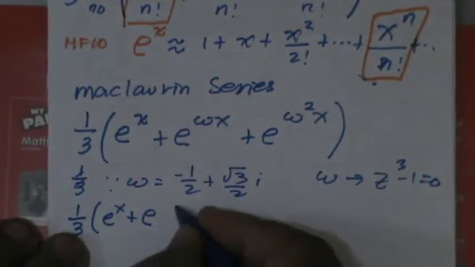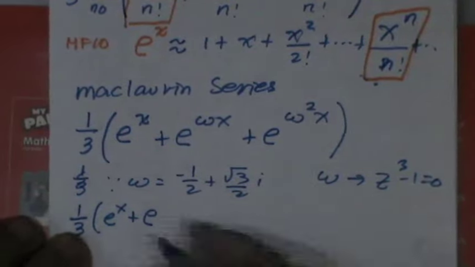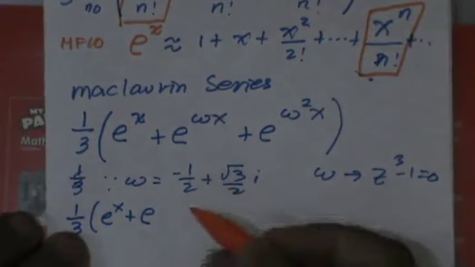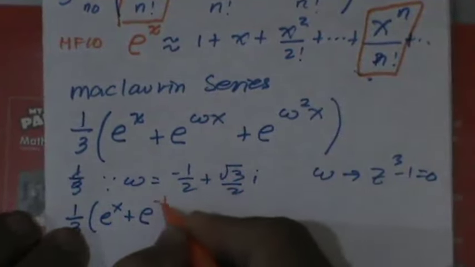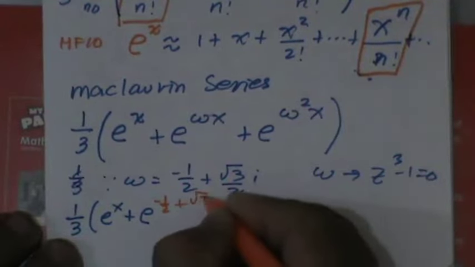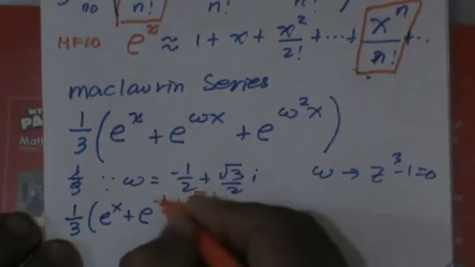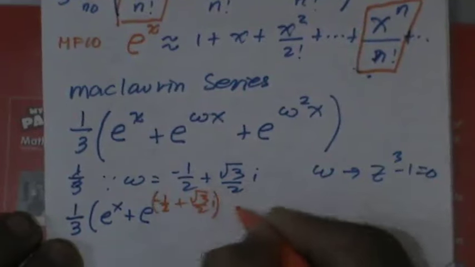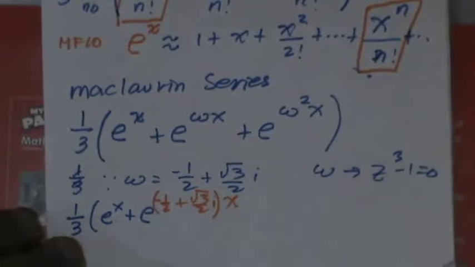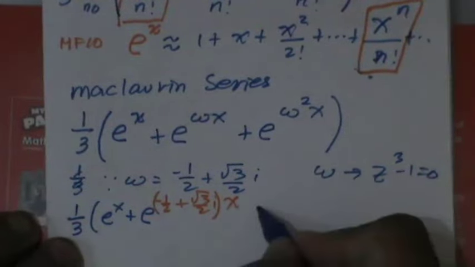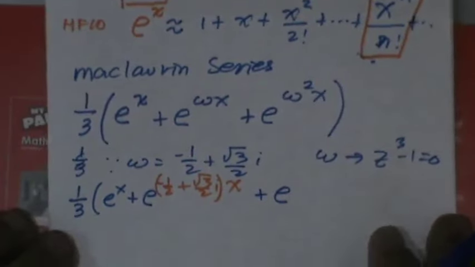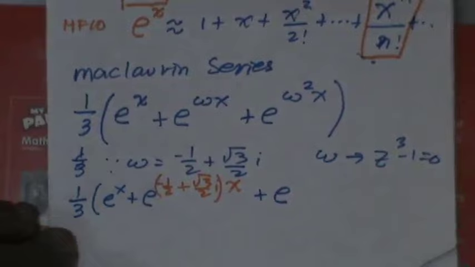E raised to, I will use another color just to distinguish that, -1/2 plus the square root of 3 over 2 i, that is x, plus e.